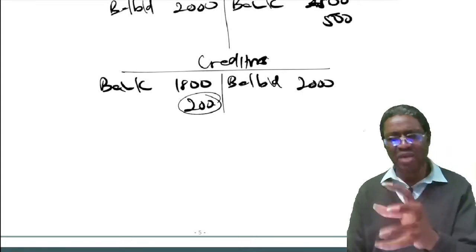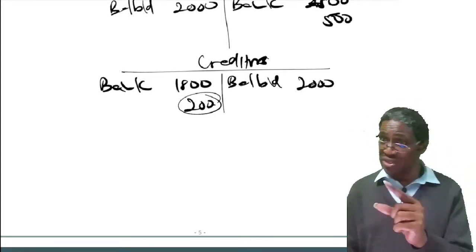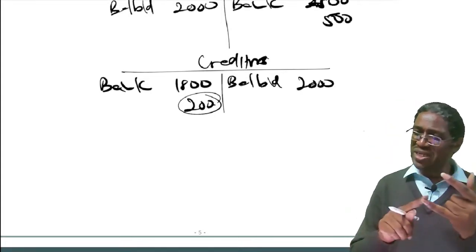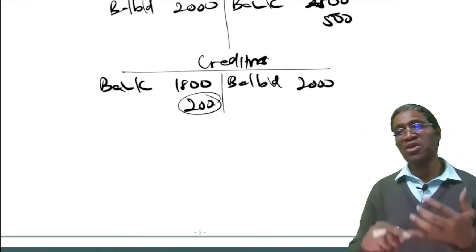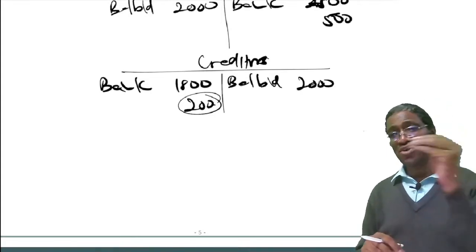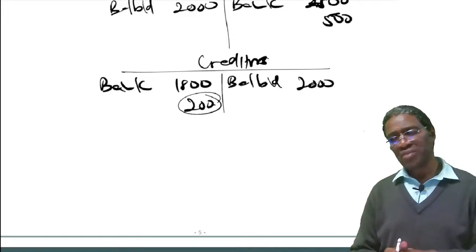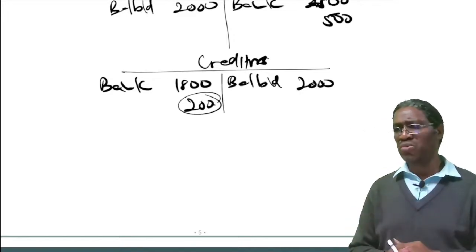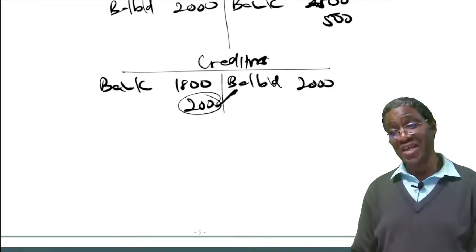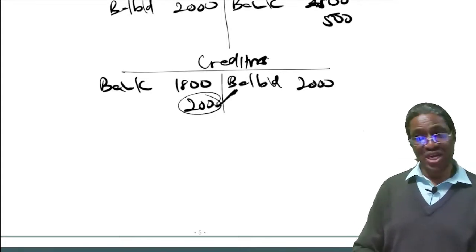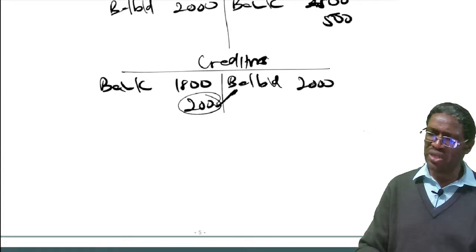So that's our step number 6, which says, with the liabilities not taken over but paid by the selling company, you debit liability and you credit bank. And with any discount received from creditors, you debit creditors and you credit realization. That's our step number 6.